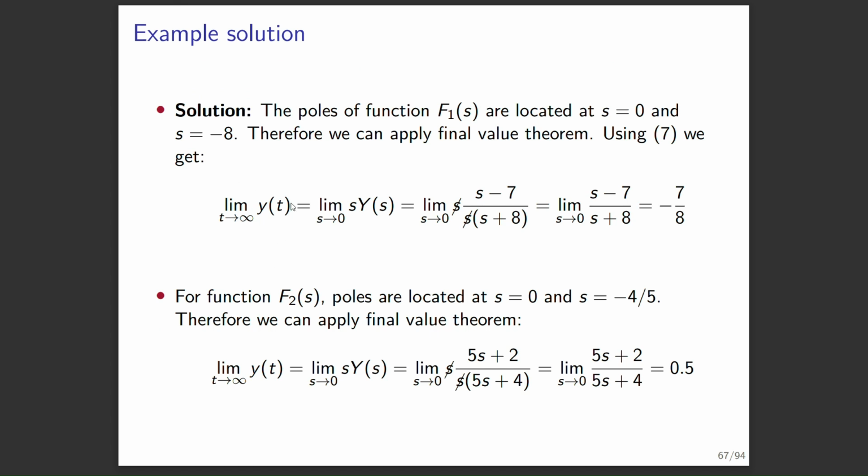To find the limit of y(t) as t goes to infinity, I can just take the limit of s times Y(s) when s goes to 0. So I simplify, evaluate this at 0, and I have -7 divided by 8. Similarly, here I have simplification, and then I have 0.5 as the final value.